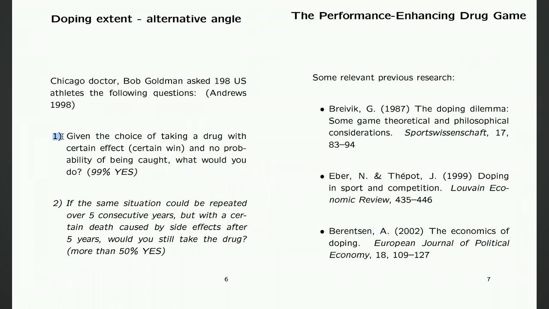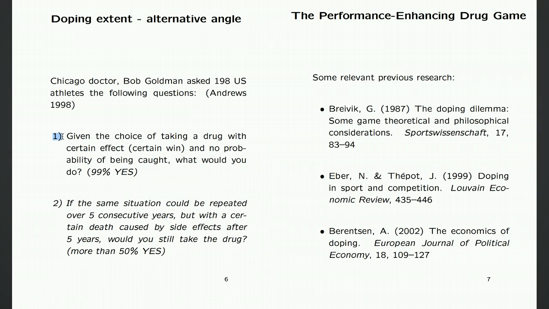Okay, a little bit on the drug research. Of course, this is an old presentation made back in 2004. Between now, 2014, and 2004, there are 10 years, so obviously a lot more has been done on doping than what's actually referred to here. But one of the three perhaps main works up to that point is a Norwegian work by Gunnar Breivik from 1987.